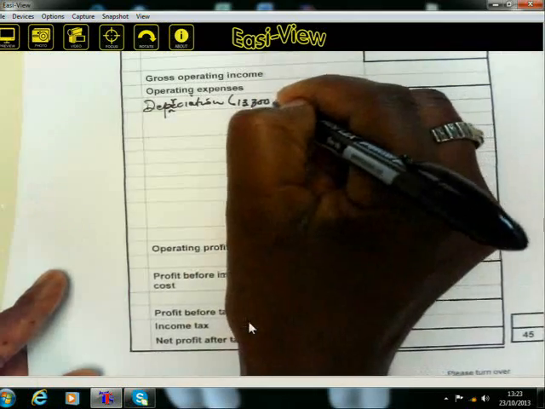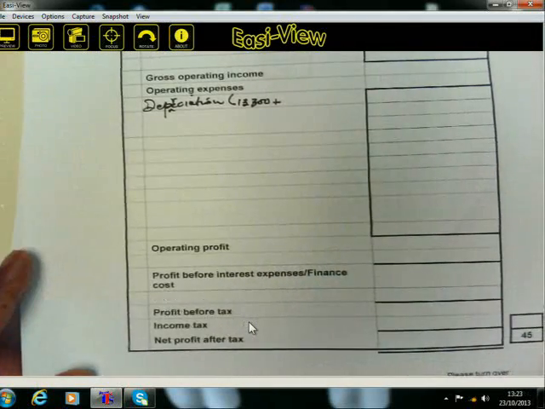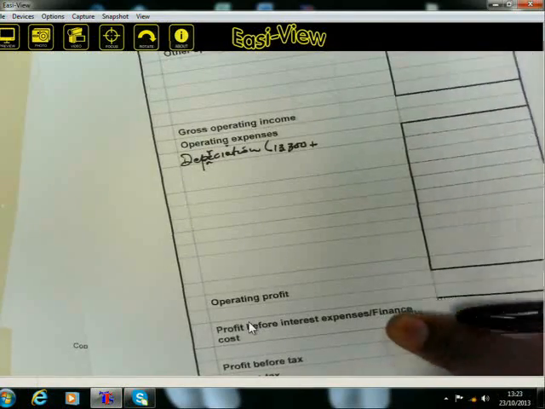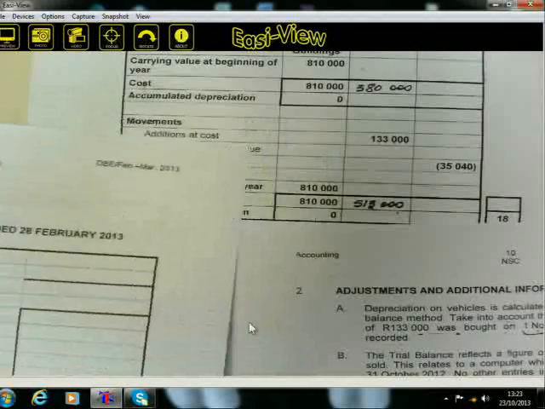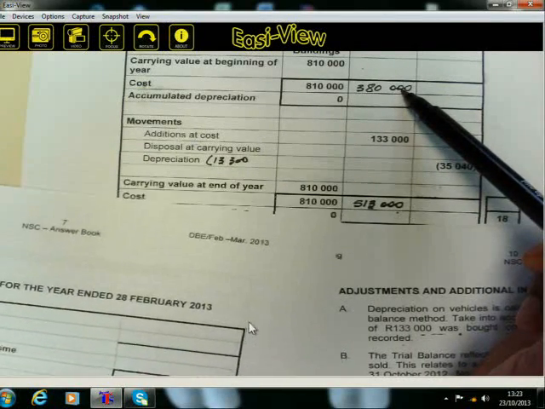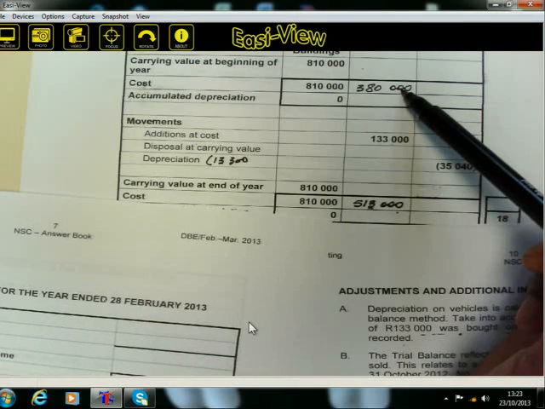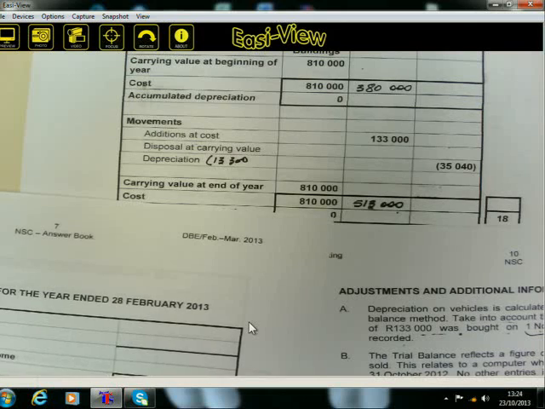And I'm still having the other cars, including the equipment that has to depreciate also. So with the new car, we have done the information. Then let us check with the old car that cost 380. How much is the depreciation? Remember, it must be on the diminishing balance method.